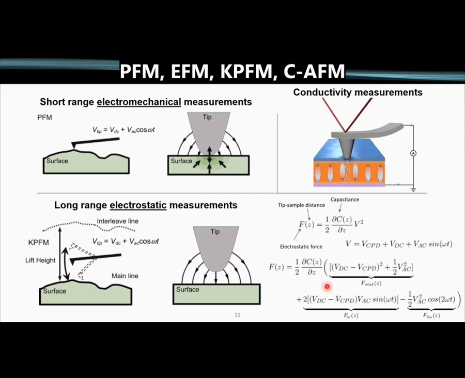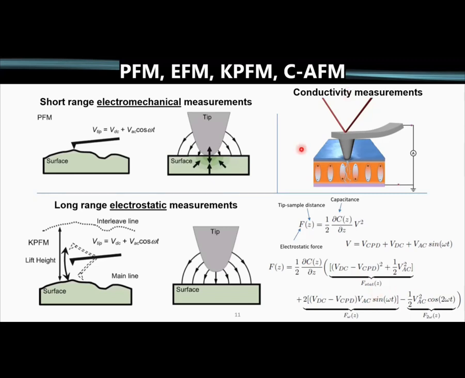And so you can make a map of the DC bias that minimizes that force, and so you have a map of surface potential or contact potential difference. That's a closed-loop technique where you have a feedback loop to minimize that first harmonic of the force, but there are some other approaches as well. If you're interested, we can talk about it later.